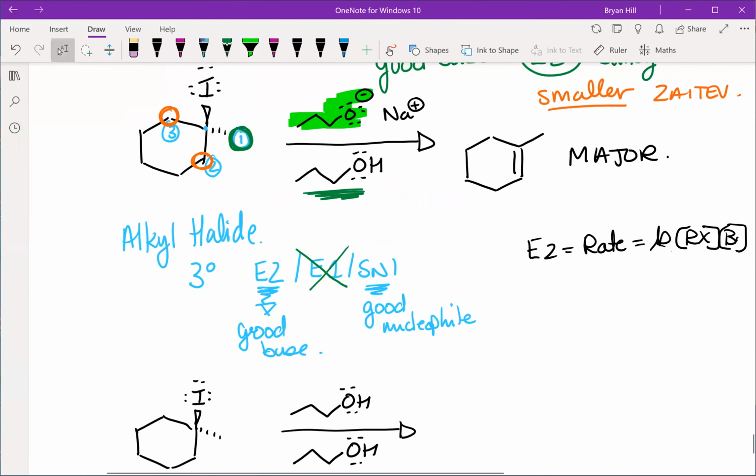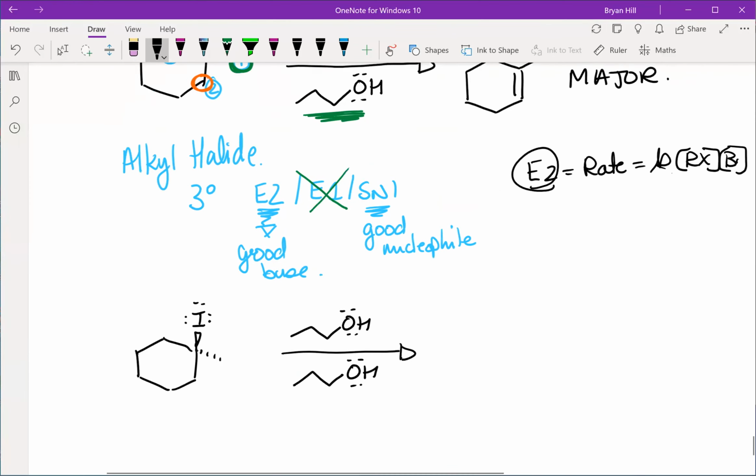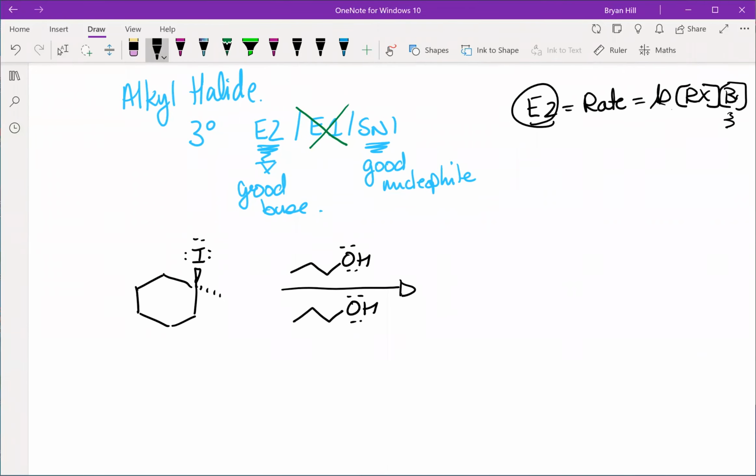We've got a strong base here. So this is going to promote an E2. What we want to do is just remove this. So we could use propanol, and hopefully this could give us our major product, which would be this. And you would get a little bit of E1 as well.